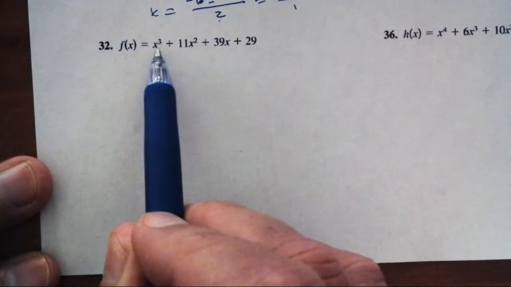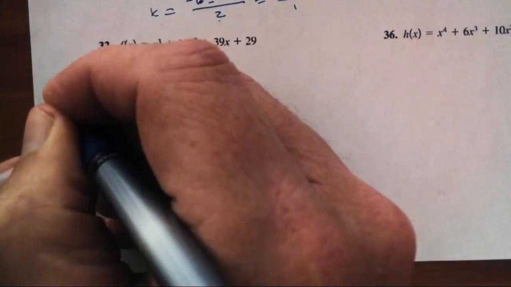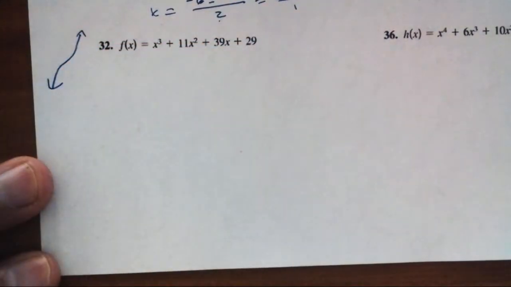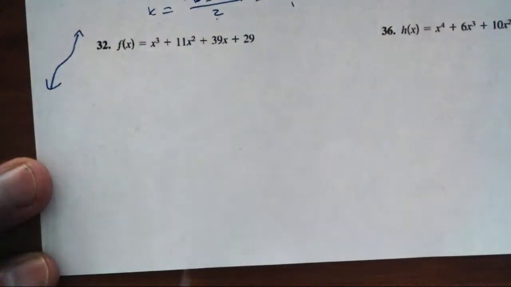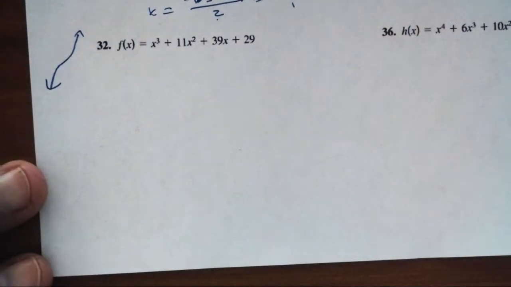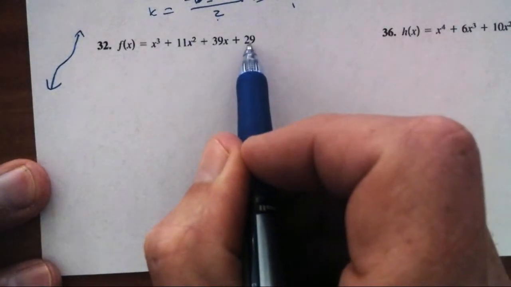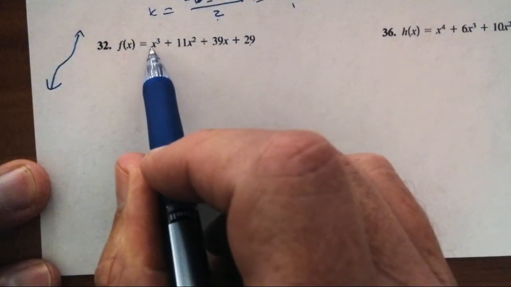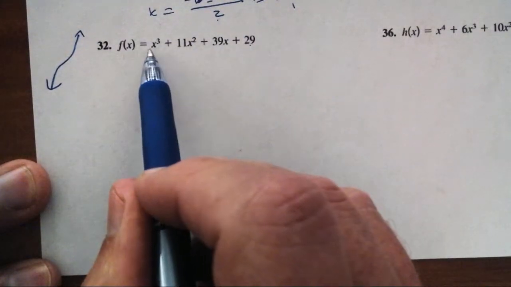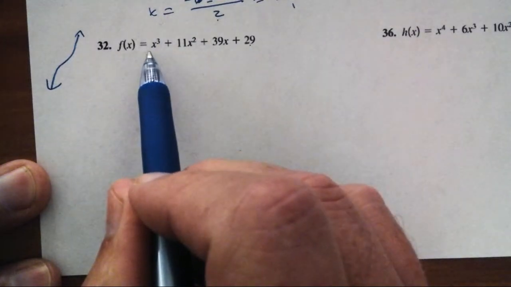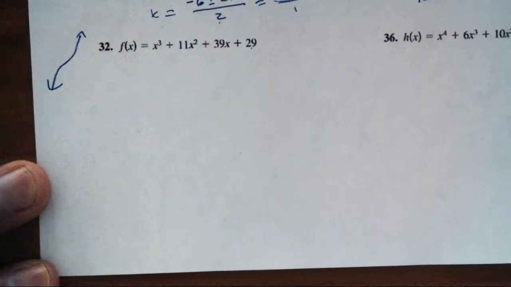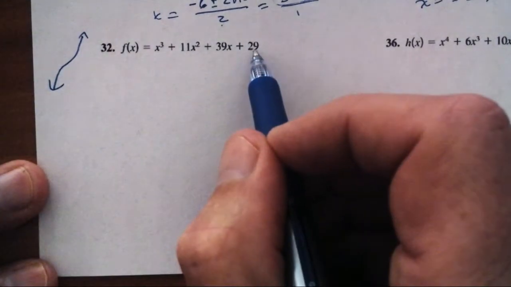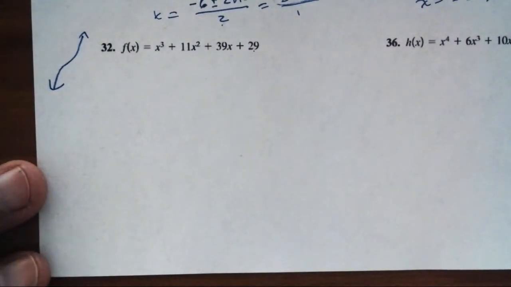I pretty much know there's a real zero, because a cubic looks like this. They might be loopier, but they look like that. So either 29 over 1, or the only other factor is 1 over 1, plus or minus. Well, maybe 29 or negative 29 works, but I'd certainly work with 1.